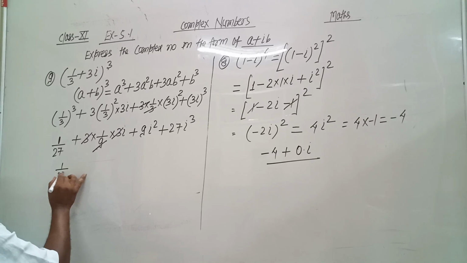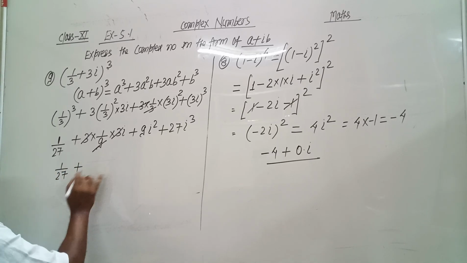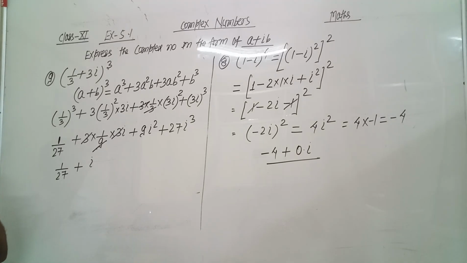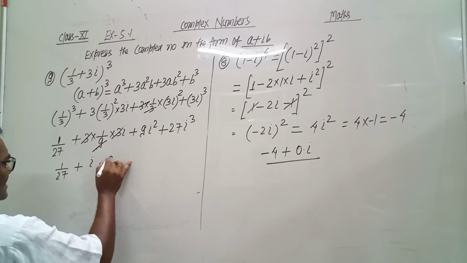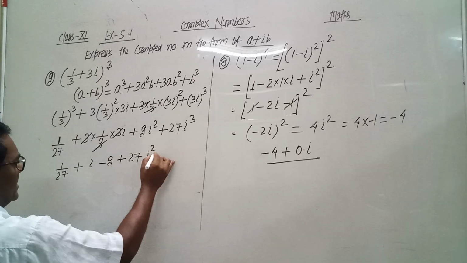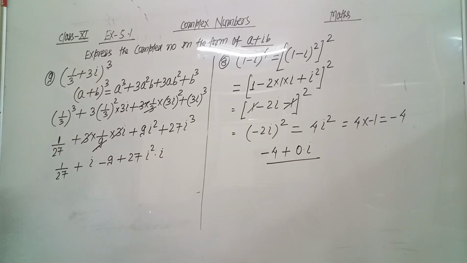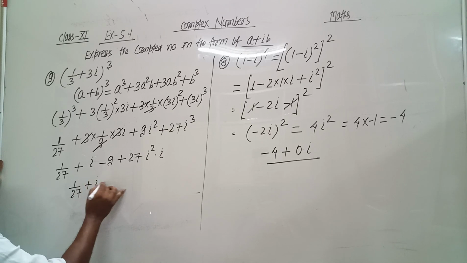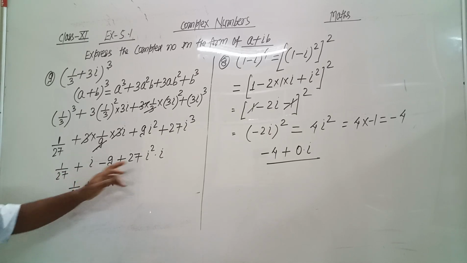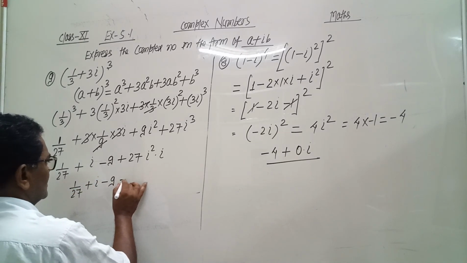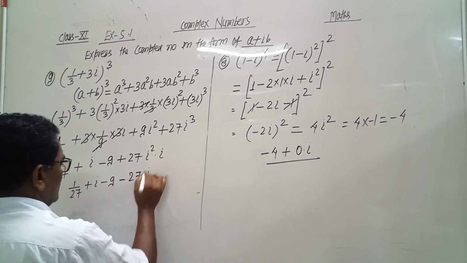So we get 1/27 plus i, and i² is -1, so it becomes -9, and plus 27i³, written as i² into i. Now 1/27 plus i minus 9, and i² becomes -1, so it comes minus 27i.